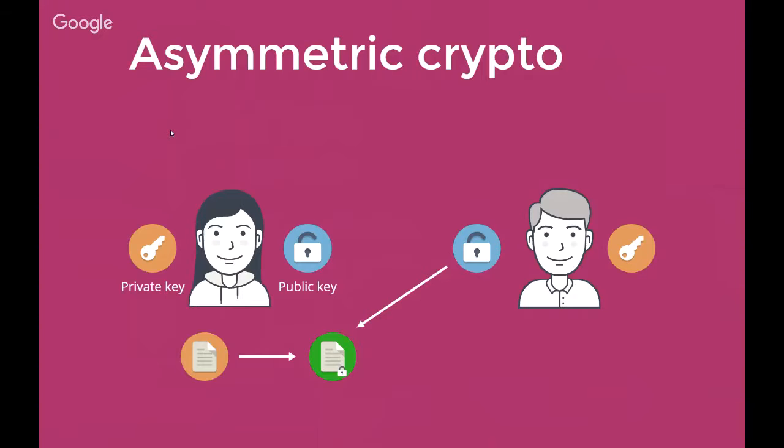So in this case, Alice will encrypt her data using Bob's public key. Then she would transfer it to Bob. In this case, an attacker couldn't decrypt it because the attacker would need to have access to the private key. And Bob would use his private key to decrypt the data.